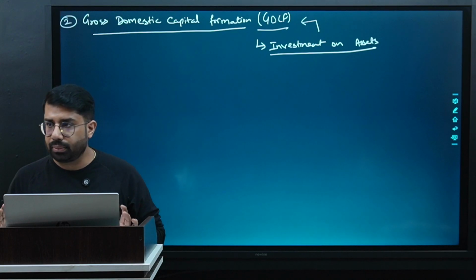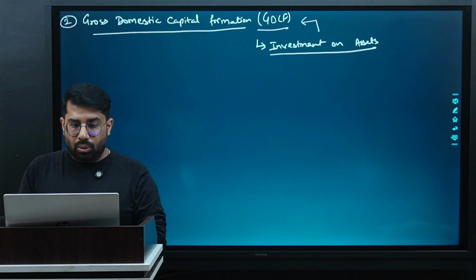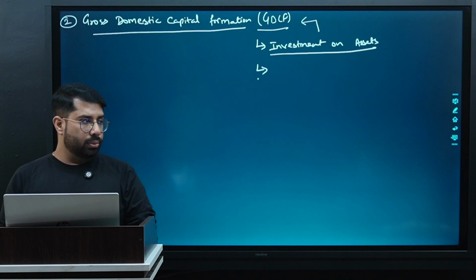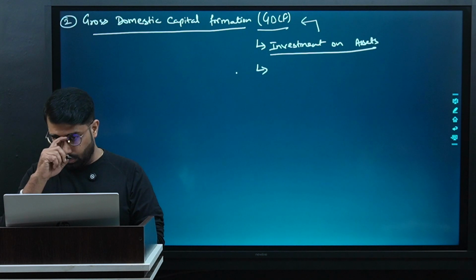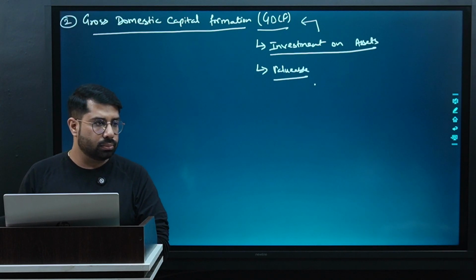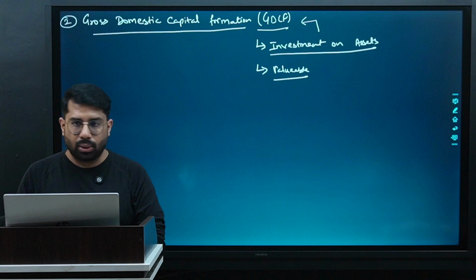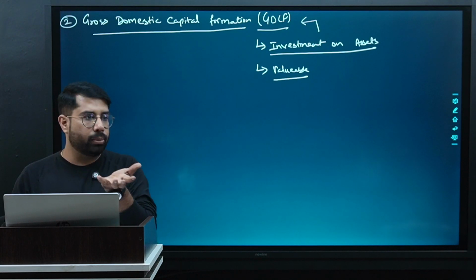Are you getting the point? Yes or no? This will also include a few more things, like if you buy any valuables like jewelry, that will also be considered as capital formation. What is capital formation?